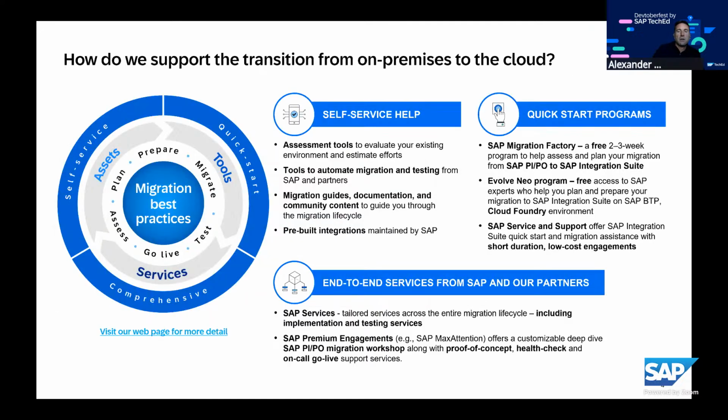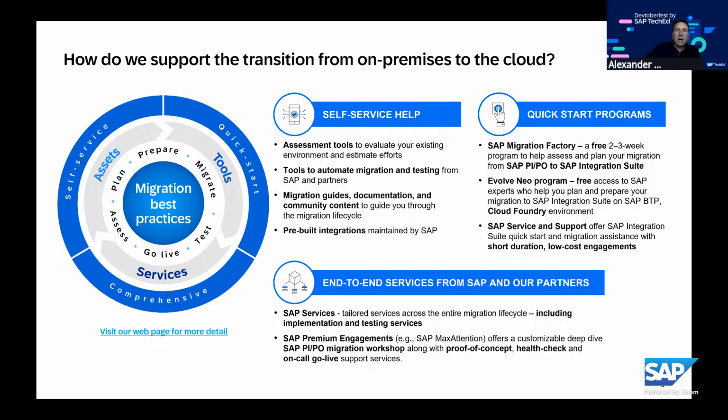And here this shows you an overview of the different tools that we provide, services, best practices, and so on, that actually facilitate the move from SAP Process Orchestration to integration suite, right? So we have best practices like the guidelines.